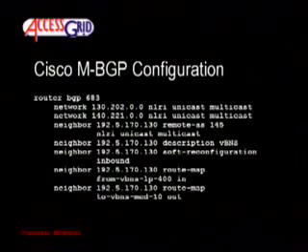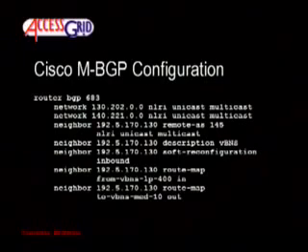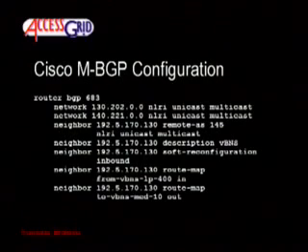On the second line, you add the NLRI unicast multicast, which tells the router, hey, this prefix that I'm putting into BGP will be used for both unicast and multicast. You tell it on your neighbor statement that you're going to be exchanging unicast and multicast routes.